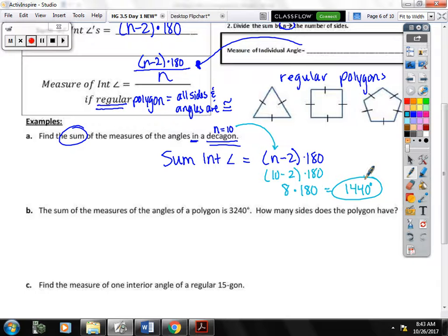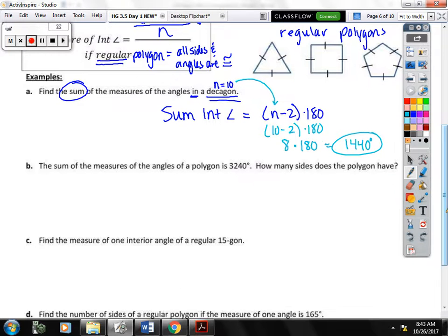Now, sometimes they're not going to ask you for the sum, rather they're going to give you the sum and ask you to work backwards to find the measure. So it says the sum of the measures of the angles of a polygon is, so this is the sum. How many sides does a polygon have? So you'll start with the formula again.